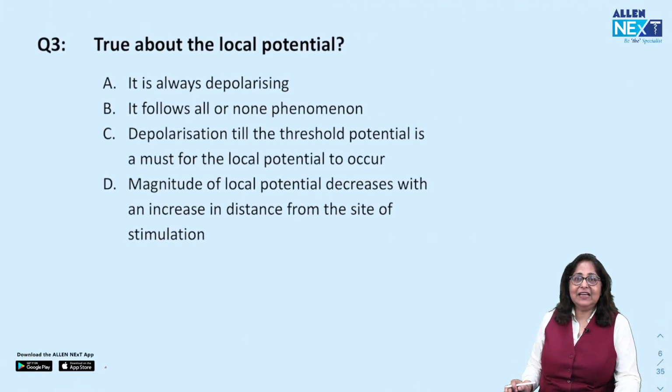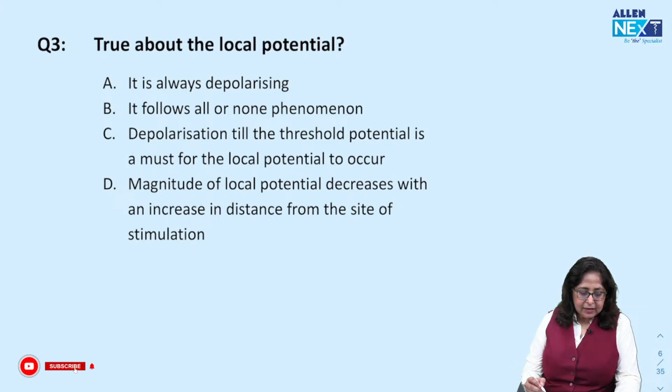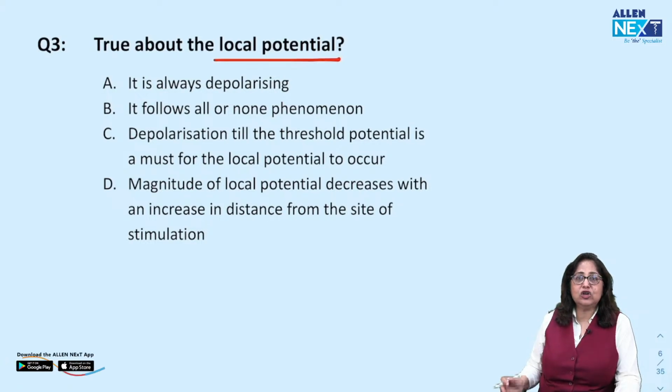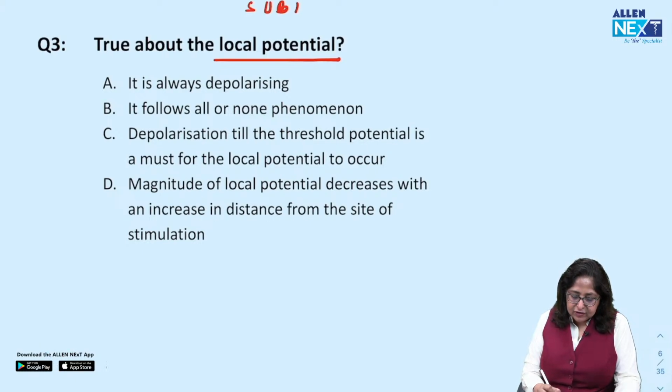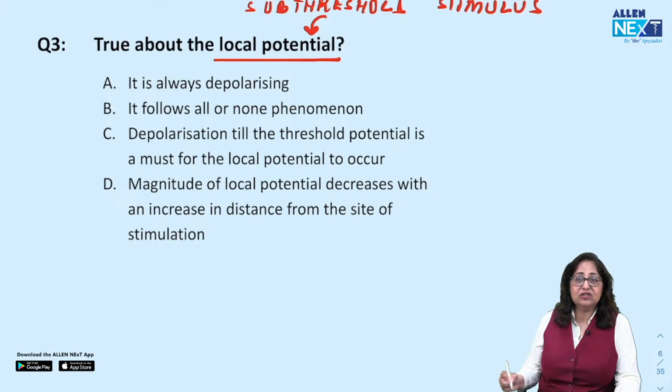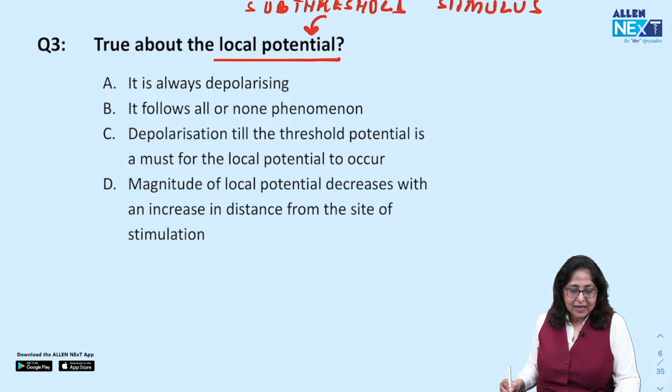All right, let's see true about local potential. It is always depolarizing. True about local potential. Local potentials are the result of a sub-threshold stimulus. If the stimulus is threshold or supra-threshold, it will give rise to an action potential, but a sub-threshold stimulus will give rise to a local potential. Yes.